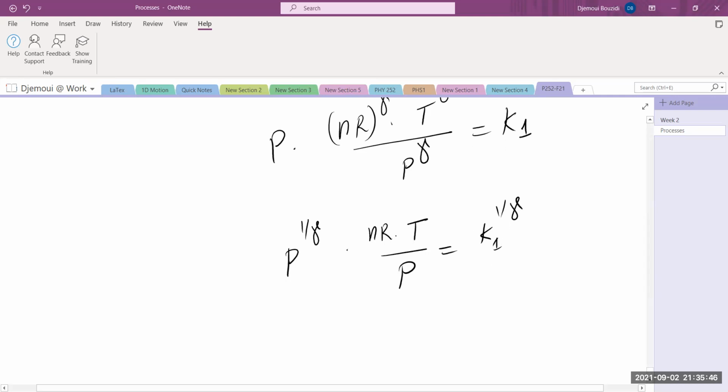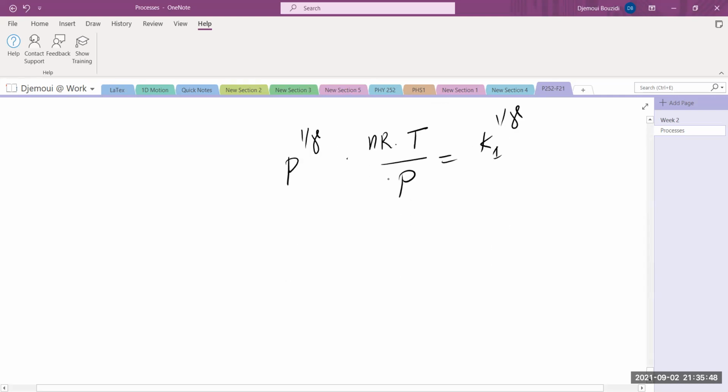And from here, it's clear that because gamma is more than 1, if I take the root, this is going to be less than 1. So it's better for me to write it down in here. It's going to be T over P to the power 1 minus 1 over gamma is equal to a constant K3, which is equal to K1 to the power 1 over gamma over nR. And this is just another constant, that's all, okay?